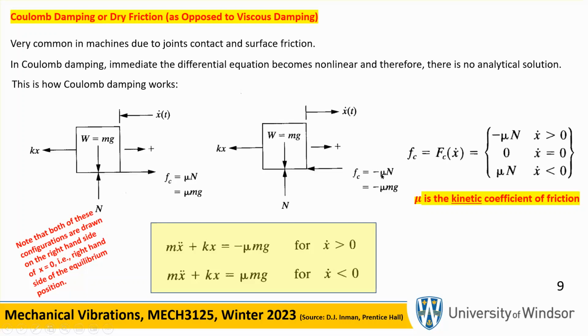It is mu, the coefficient of kinetic friction, times N, the normal reaction force, and incidentally, N is mg here. But this sign changes depending on whether the block is moving to the right or to the left. If the block moves to the right, it's this equation. If the block moves to the left, it's this equation.